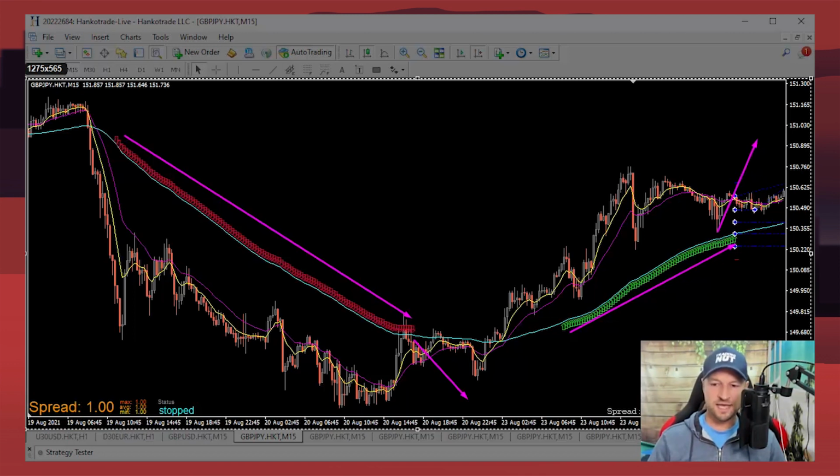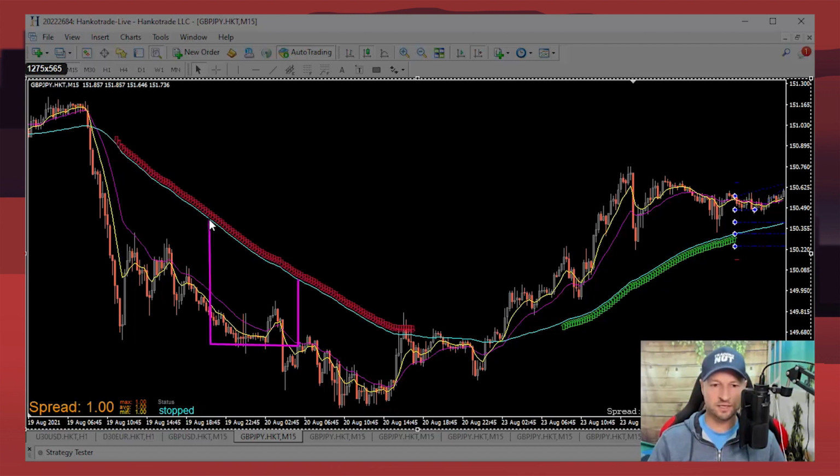So first thing is, how do we get this trend direction, which looks ever so clean here, and it's not always this clean. This is a 100 period EMA, this turquoise line that you can see here. What we're doing is drawing a triangle around that: we look at where the moving average is at one point, go back a few candles, and look at where it is at that point.